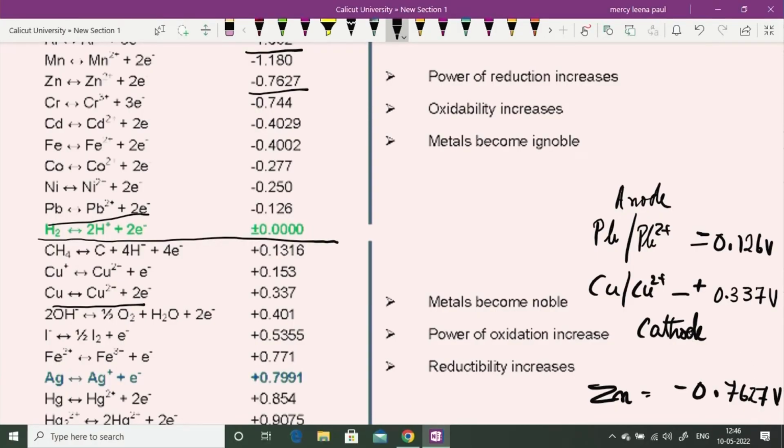You can see here the value of zinc is always negative, which shows that it is very low in reduction potential value. So, zinc prefers oxidation rather than copper. So, copper, which is in the oxidized state in copper sulphate, is being replaced by zinc and zinc occupies that position. Okay.